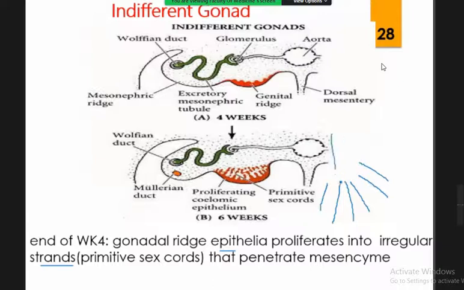And why medullary cords? It's because they tend to spring from the cortical area, the cortex, and invade the medulla. So sometimes they are referred to as medullary cords. And this is happening, or it is starting, even before the primordial germ cells get in. It will be seen both in the male and the female, and that is why we call it an indifferent gonad.